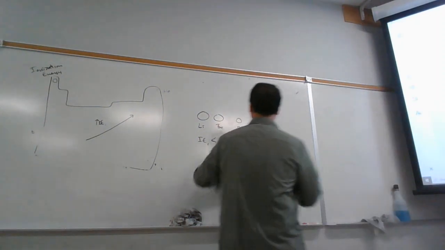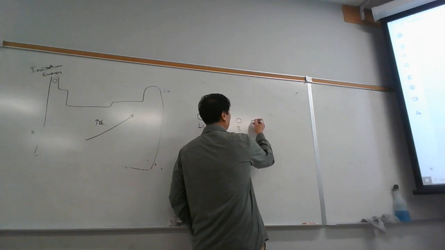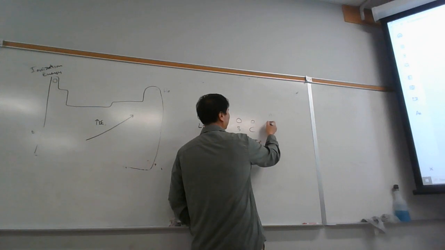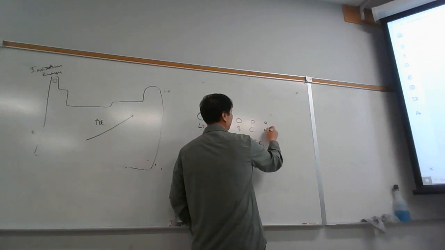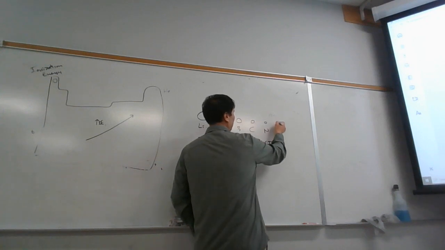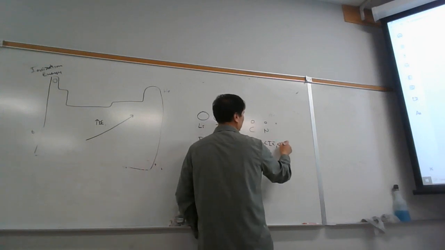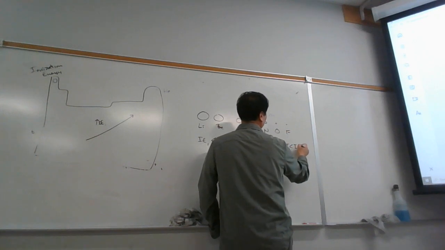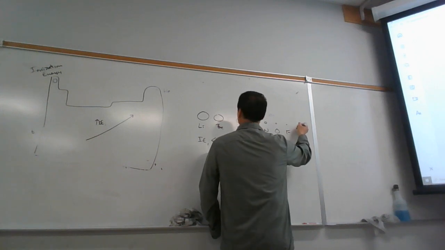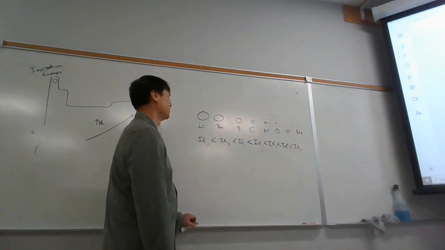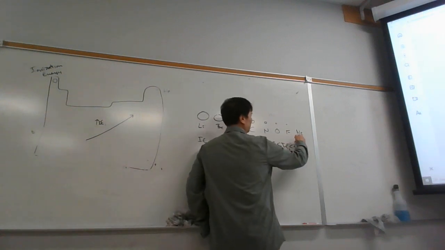And then we go from boron to carbon, and then carbon to nitrogen, and it just keeps getting smaller. Nitrogen to oxygen, oxygen to fluorine, and fluorine to neon. Actually, this is over-exaggerated, it doesn't shrink down that much.